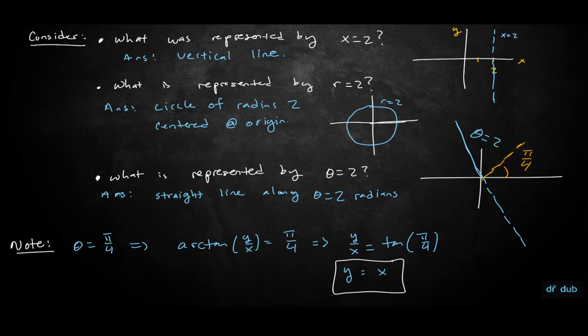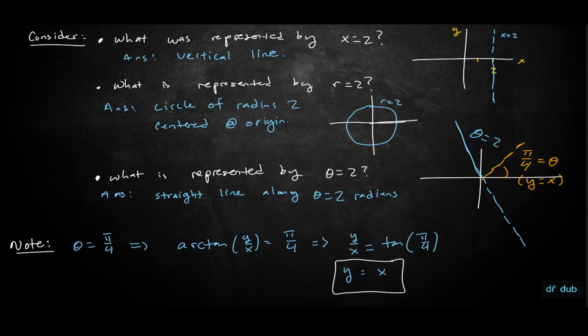So that's just the line y equals x in Cartesian coordinates. So sometimes you could get a nice Cartesian representation. Sometimes you can't necessarily get a nice, pretty Cartesian representation, like arctangent of 2 radians. That doesn't come out to be anything pretty. But I mean, it's still possible.